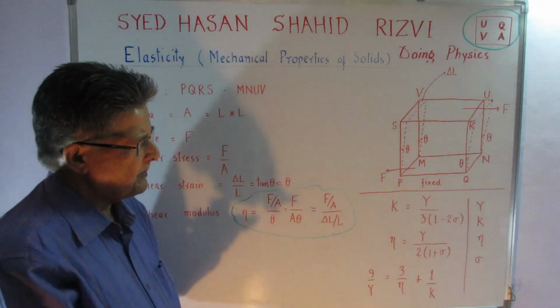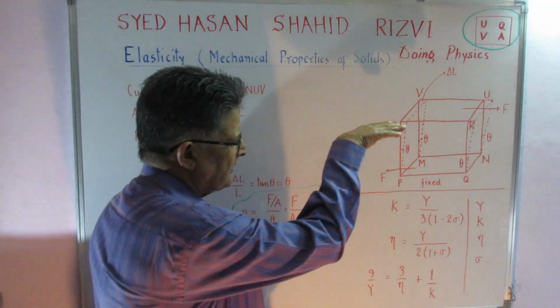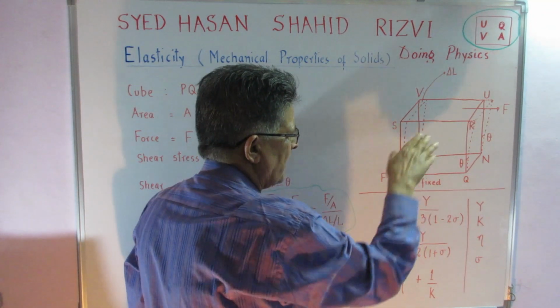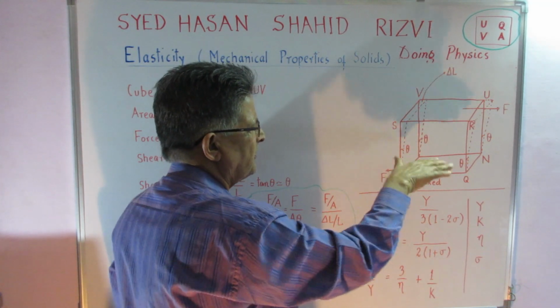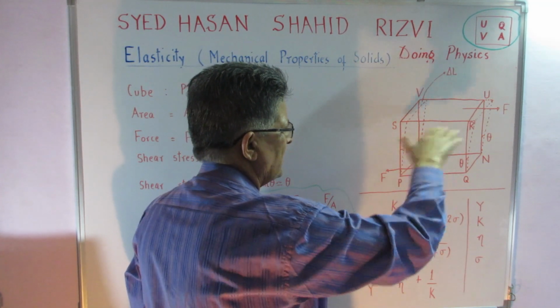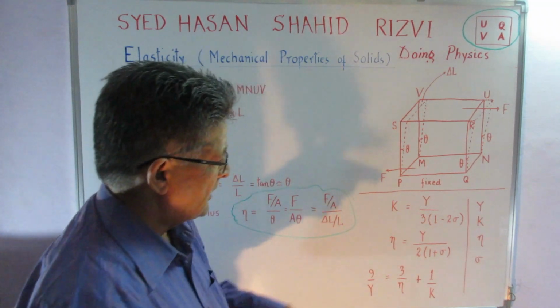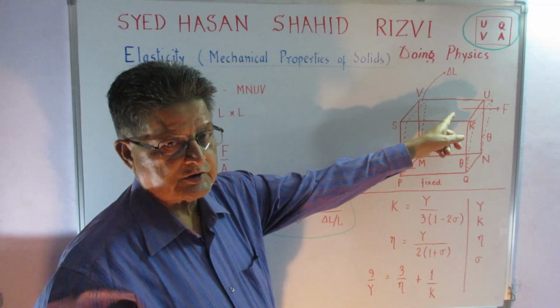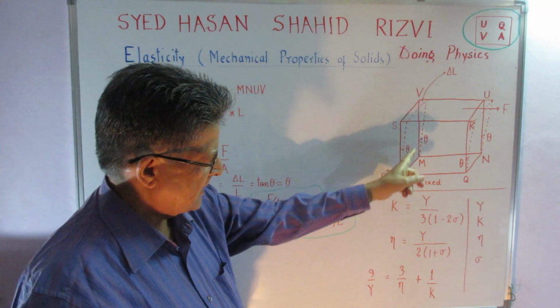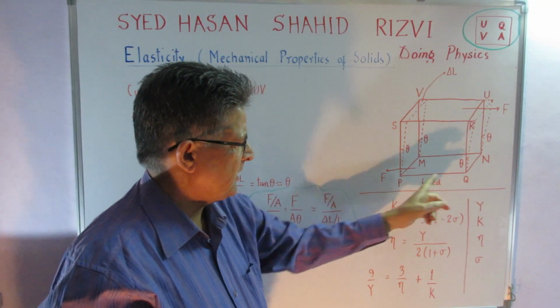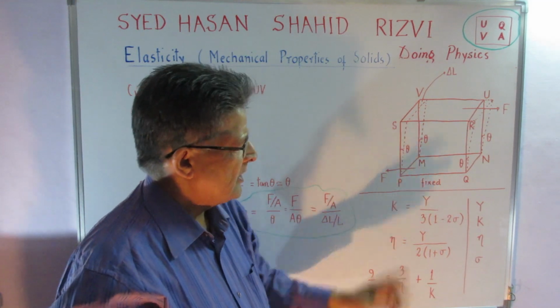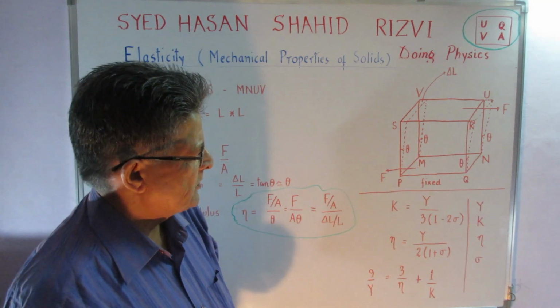In fact, what is happening is, when the shear force is applied, we can consider this tube to be made up of layers and layers and layers. The uppermost layer is disturbed the most, and the lowermost, that is P, Q, N, M, will be disturbed least.